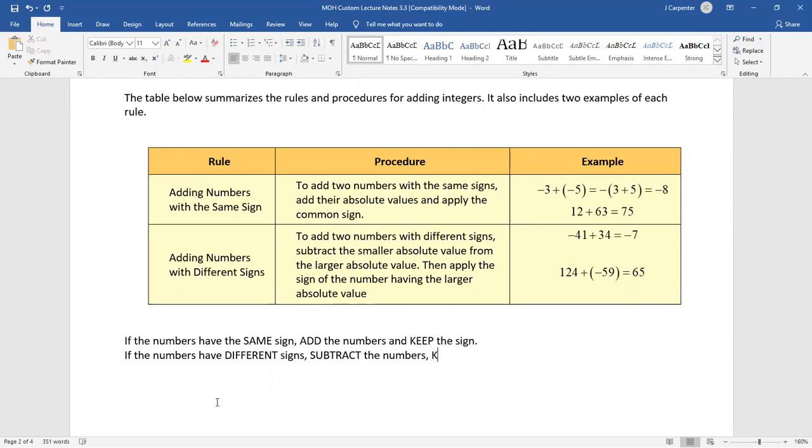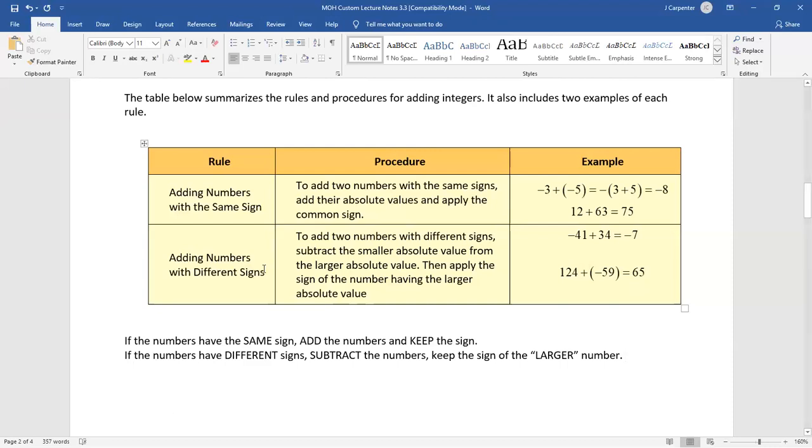And keep the sign of the "larger" number. I have the larger in quotes because, again, we're ignoring the original signs when I say larger. Like -5 versus -4, technically -4 is larger, but I'm saying pretend the negatives aren't there, so 5 would be the larger number versus 4.